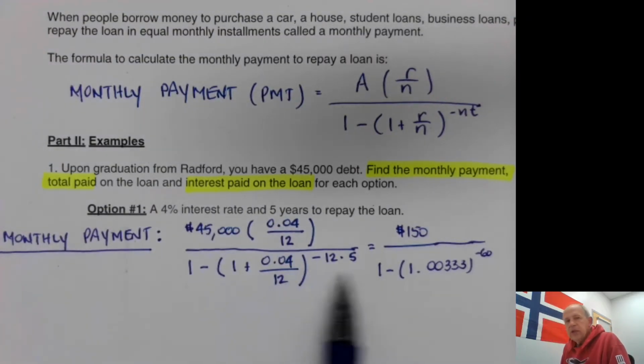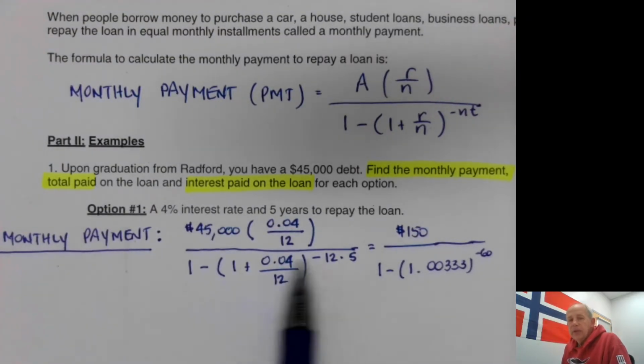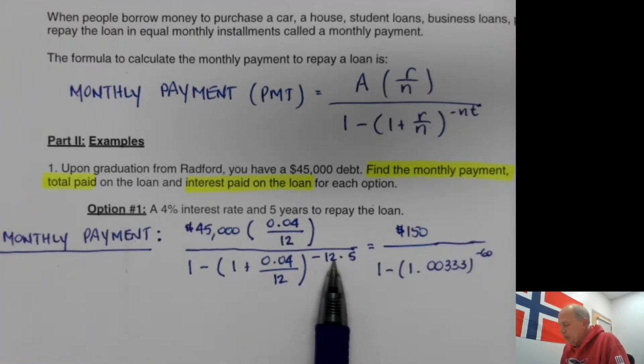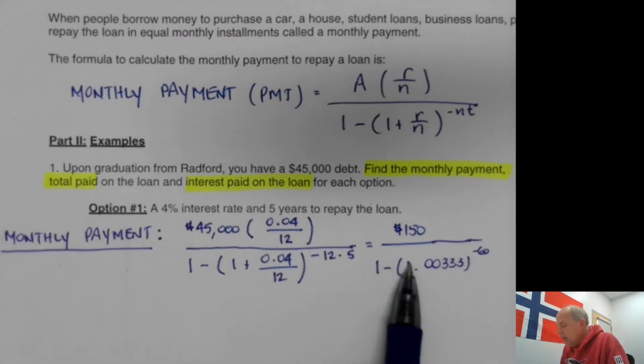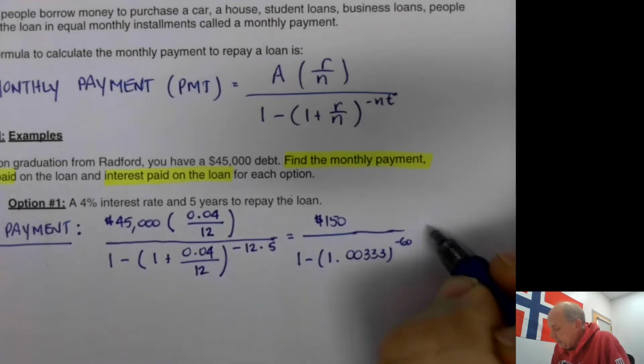So this is already starting to get cleaned up a little bit because it does look intimidating there. We've already started to eliminate some of the mess. Negative 12 times 5 is negative 60. Those two, there's what I have.